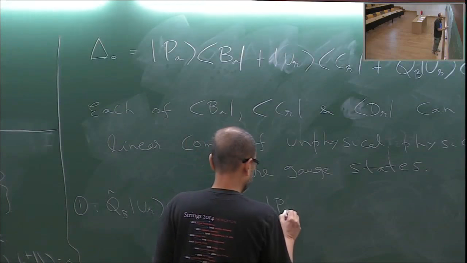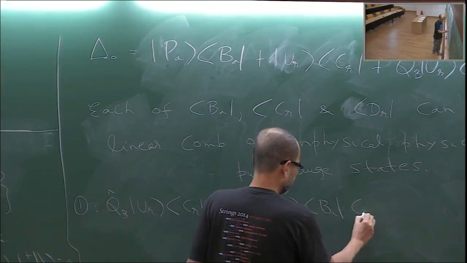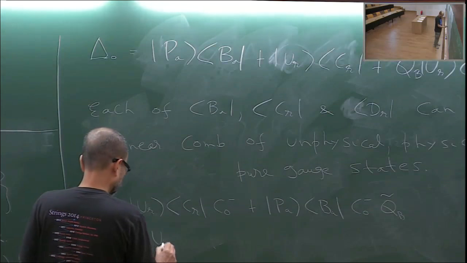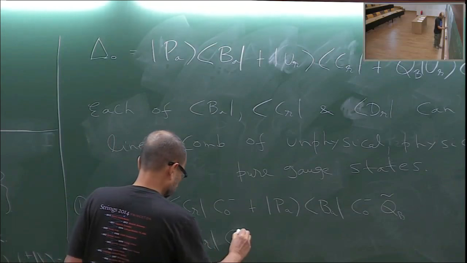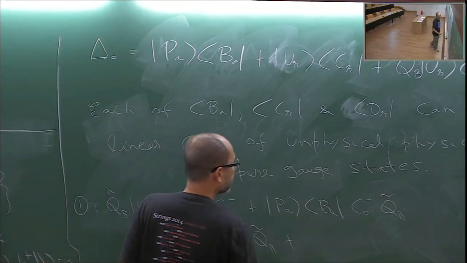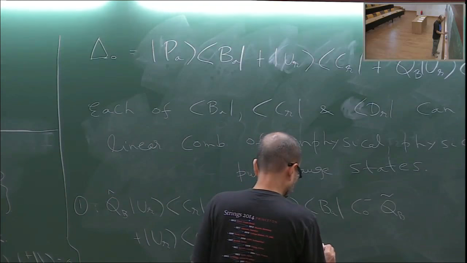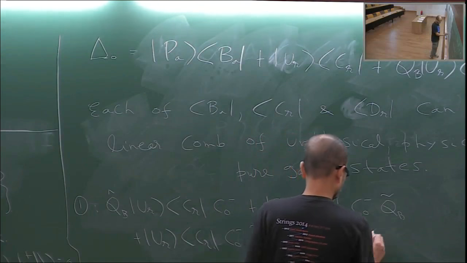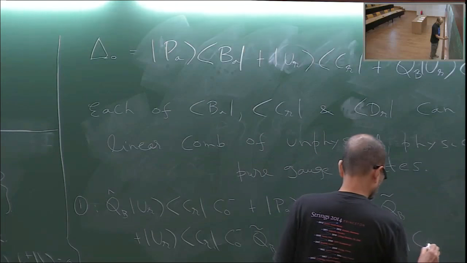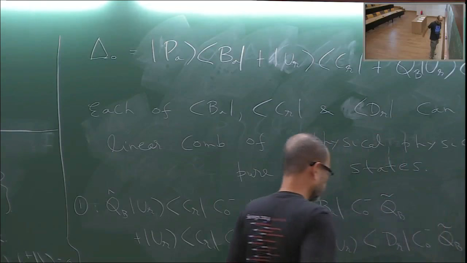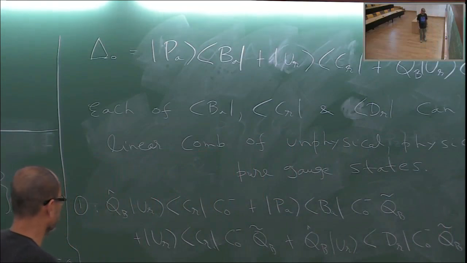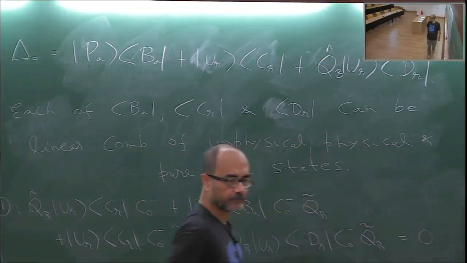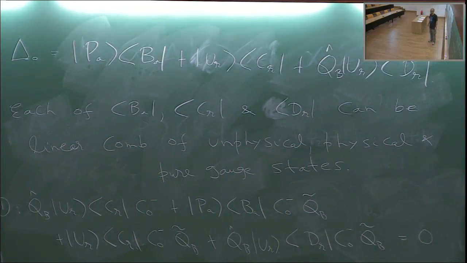So BA C naught minus QB tilde plus UR CR C naught minus QB tilde plus QB hat UR, so this will vanish, from the condition 1.